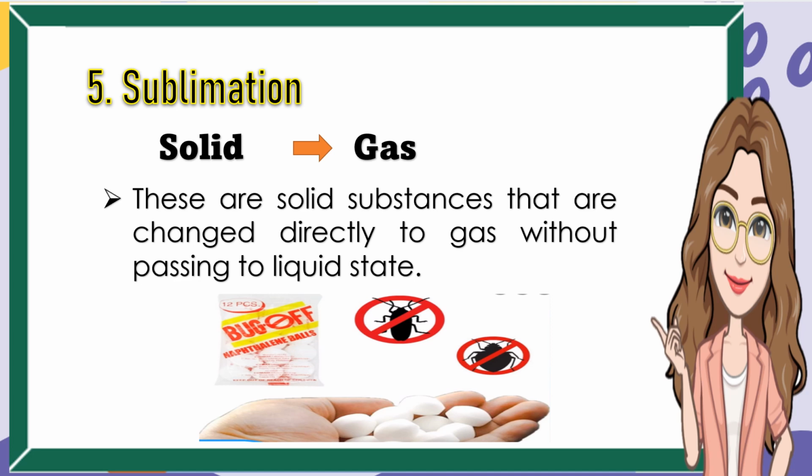These are naphthalene balls, or we also call them mothballs. These are common examples of materials that undergo sublimation. It is solid to gas.